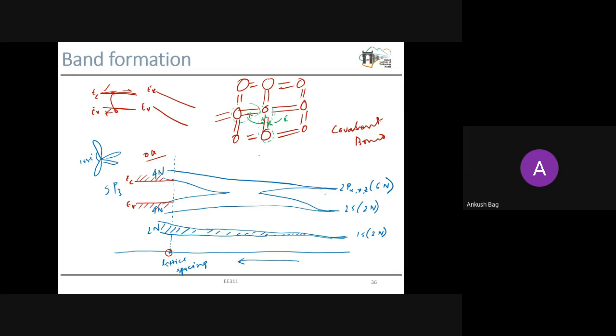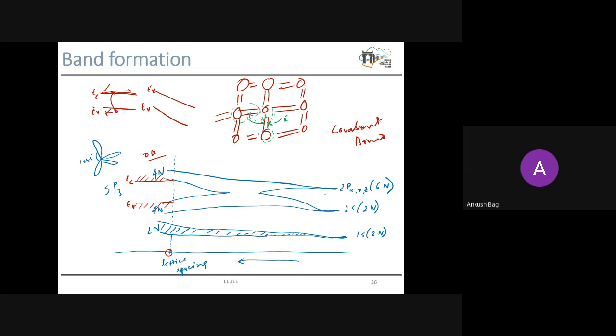Breaking one bond and at the same time making another bond is a lot easier, or more favorable, than just breaking one bond. Once again I am repeating this statement because it is important in this solid state discussion: breaking a bond and making a bond is more favorable than just breaking one covalent bond.